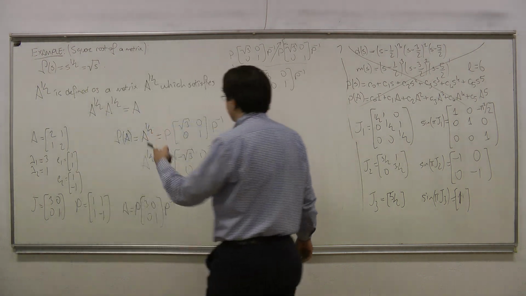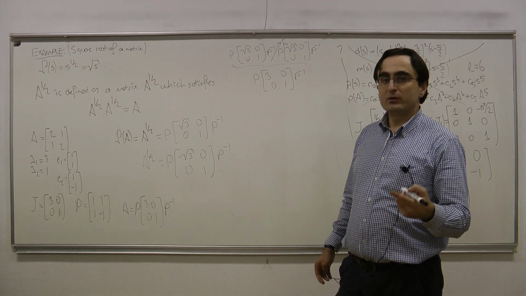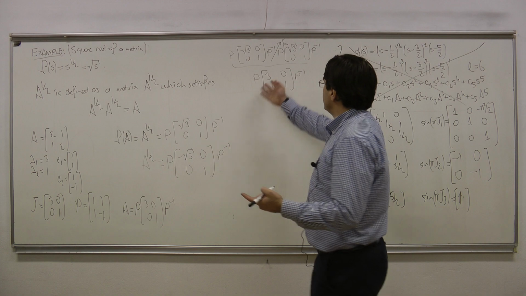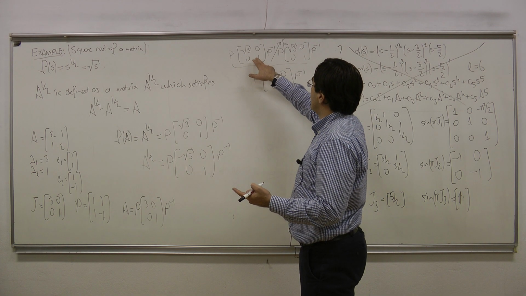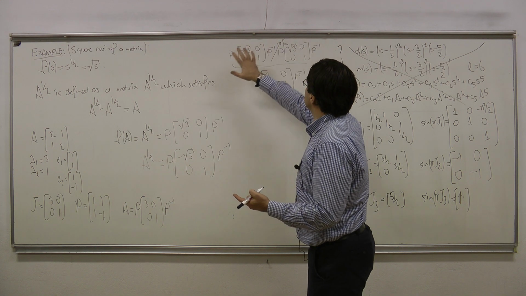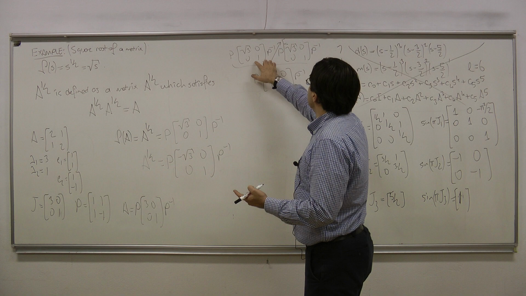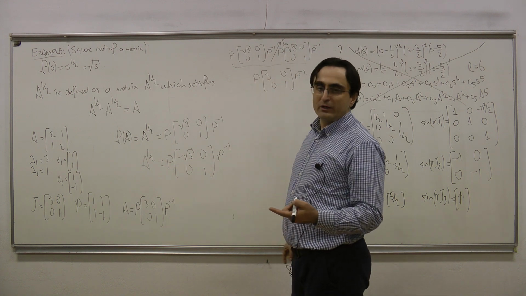So can you find another A to the 1/2? Yes, here, instead of taking the minus of square root 3, I can take minus 1 here. When I do these calculations, I will multiply minus 1 with itself, and it would give me again 1.